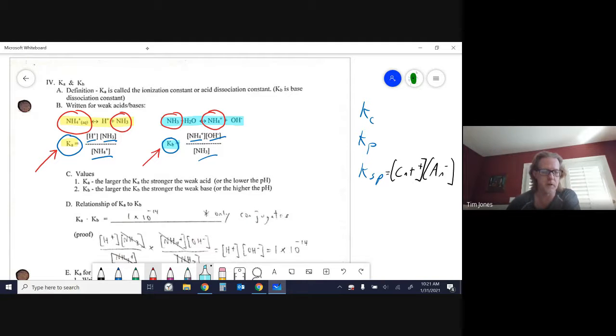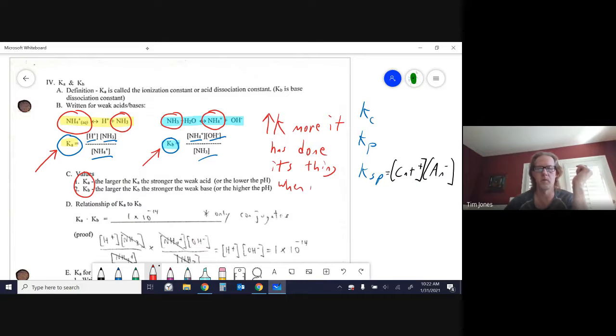Regarding the values, in other words, the numbers of Ka and Kb, it's like all equilibrium constants. The bigger the K, whether it's Ka, Kb, Kc, Kp, Ksp, or whatever, the more it has done its thing when it reaches equilibrium.